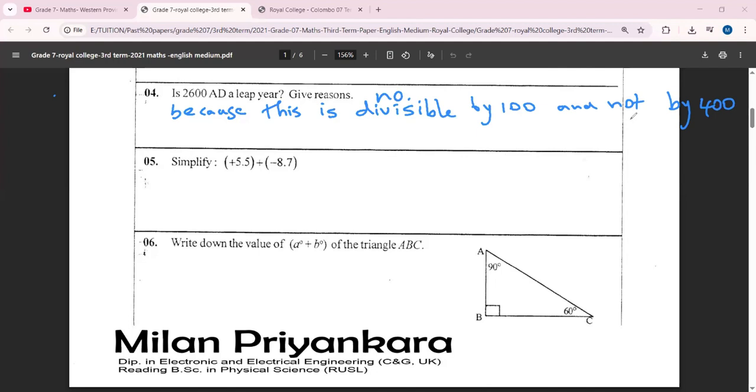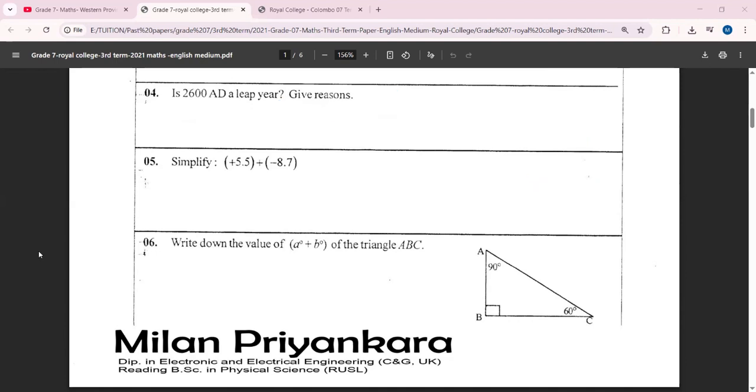But if it is divisible by 100, it also must be divisible by 400. Otherwise, it is not a leap year. If it is divisible by 400, then it is a leap year. Or otherwise, if it is divisible by 4, then this is a leap year. Let's say 2024. You see now 24 is divisible by 4. Therefore, 2024 is a leap year because it is not divisible by 100 either.